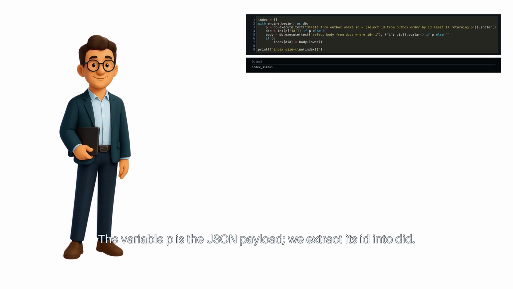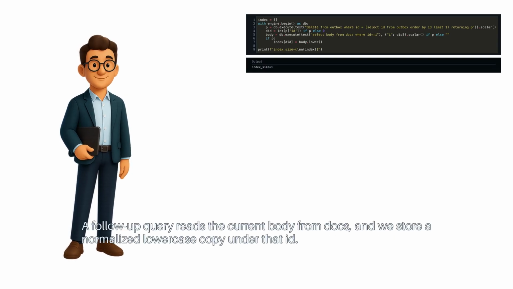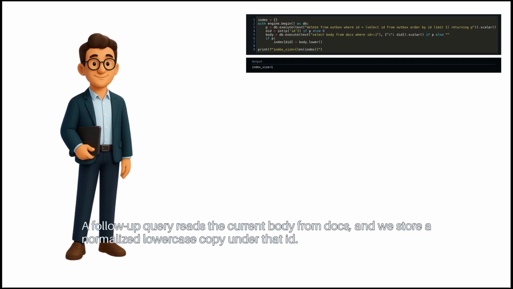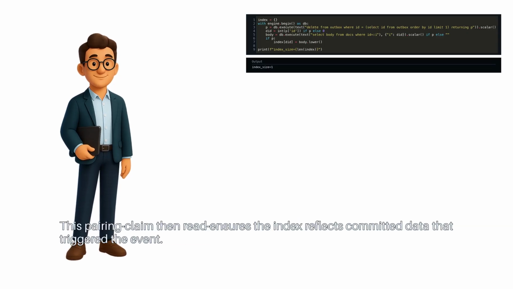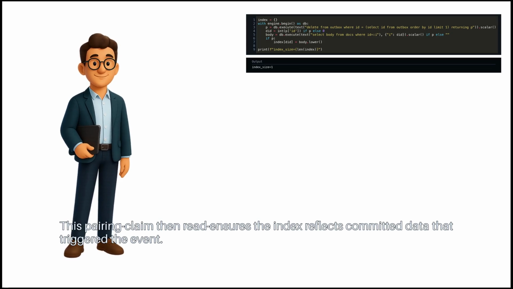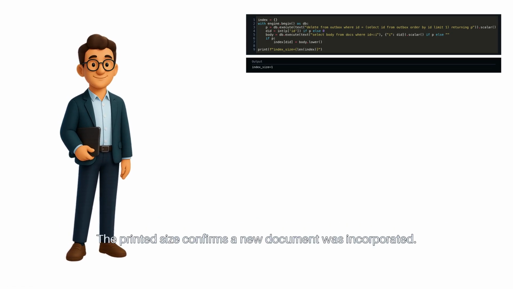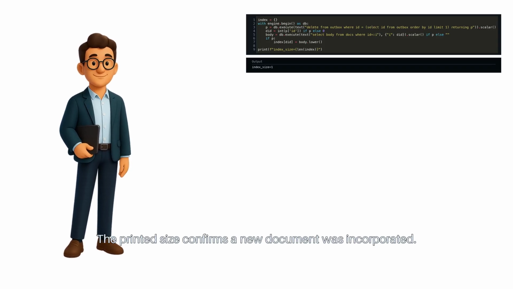The variable p is the JSON payload. We extract its id into did. A follow-up query reads the current body from docs, and we store a normalized lowercase copy under that ID. This pairing, claim then read, ensures the index reflects committed data that triggered the event. The printed size confirms a new document was incorporated.